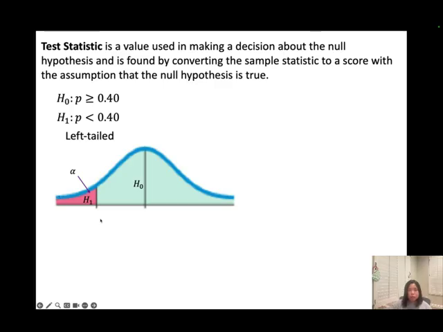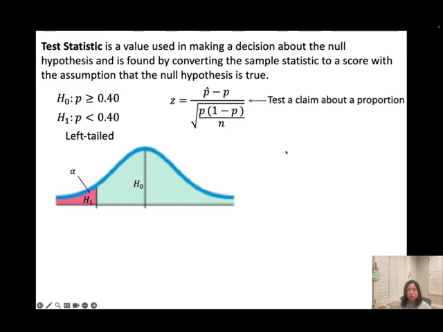Now, we have the formula called the test statistic. It depends on which population parameter you're working on. I'm using the proportion as my example. So this will be the test statistic for the proportion.